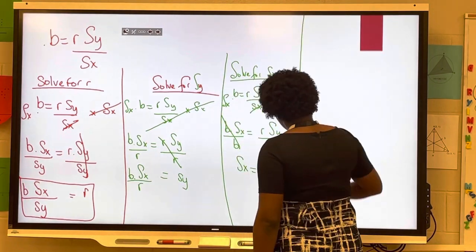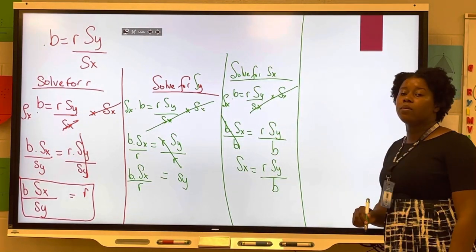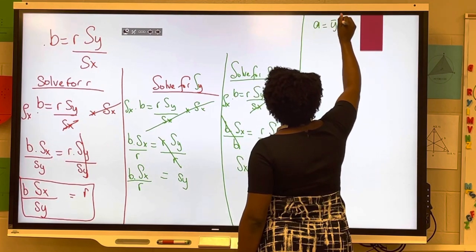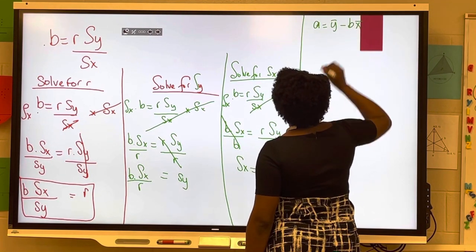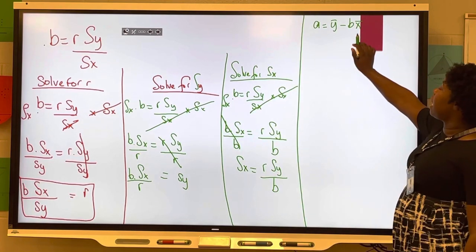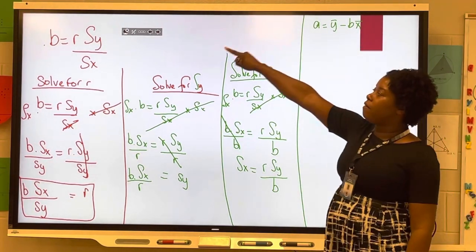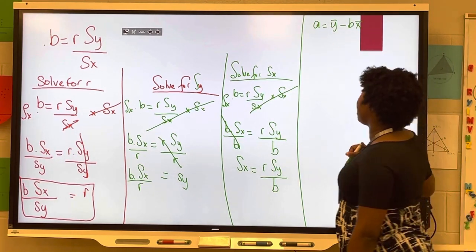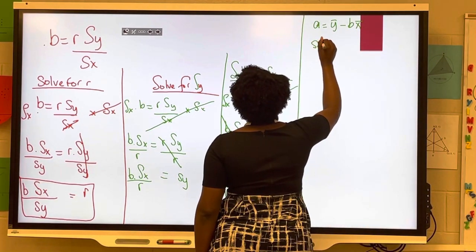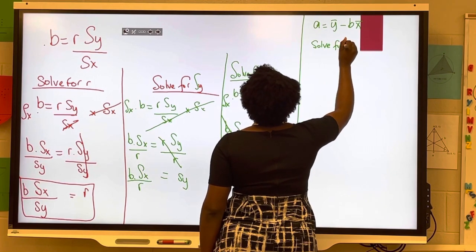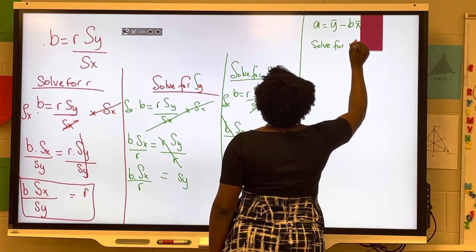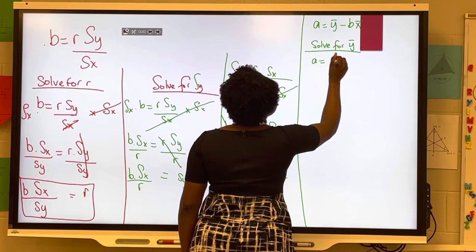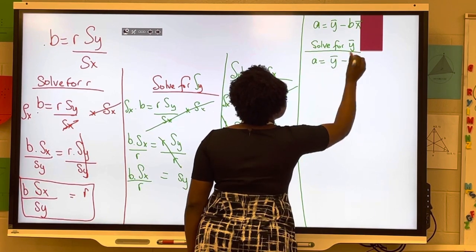The last one is the y-intercept formula that says a is equal to y bar minus b of x bar. In this case, we have found b from the initial stage, so you can always solve this for y bar and x bar. Let's go ahead and solve for y bar first. A is equal to y bar minus b of x bar.